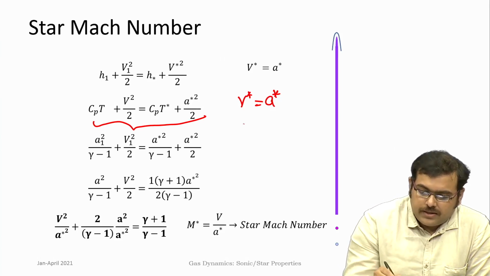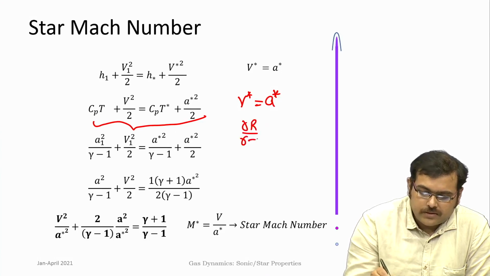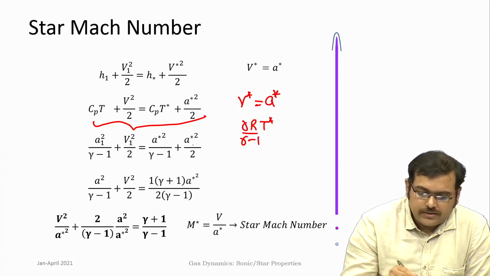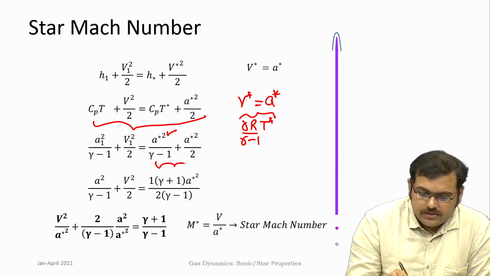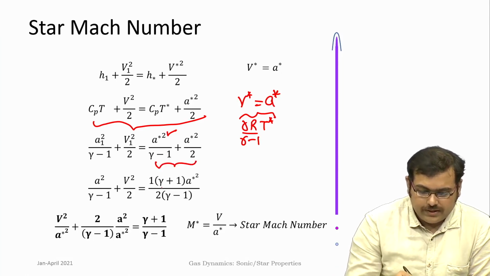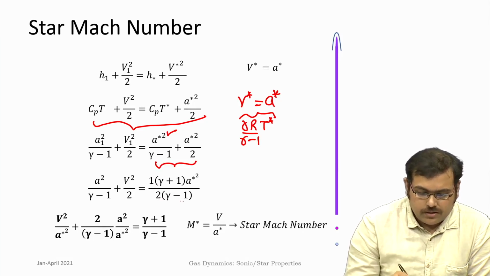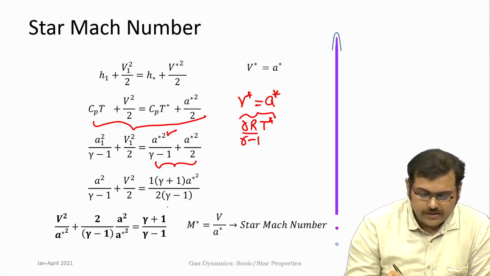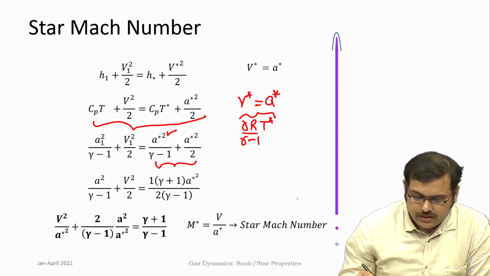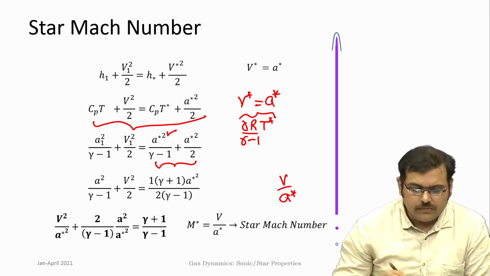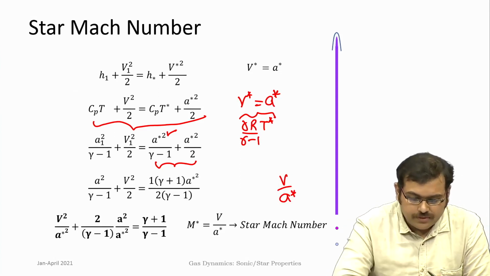Now Cp is gamma R by gamma minus 1. So gamma R T star is nothing but A star square, so you can substitute that with A star square. This is algebra, you can do the algebra, you can get it as gamma plus 1 by 2 by gamma minus 1 A star square. Now we can define a new Mach number, V by A star, if you divide the entire equation by A star square.